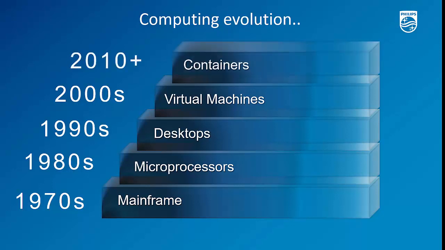And of course, in 2010, it was the beginning of the era of containers. There was a company created by Solomon Hykes, known as dotCloud, I think, which was later renamed Docker.